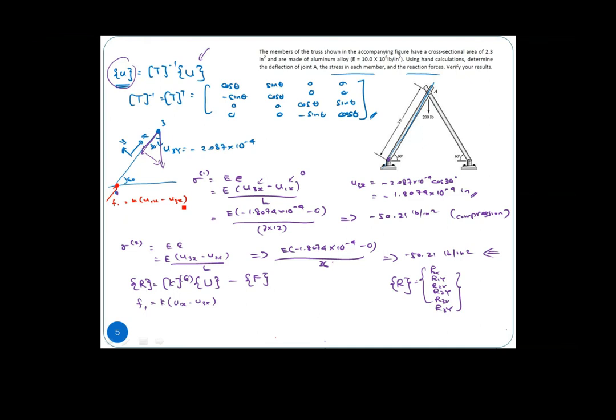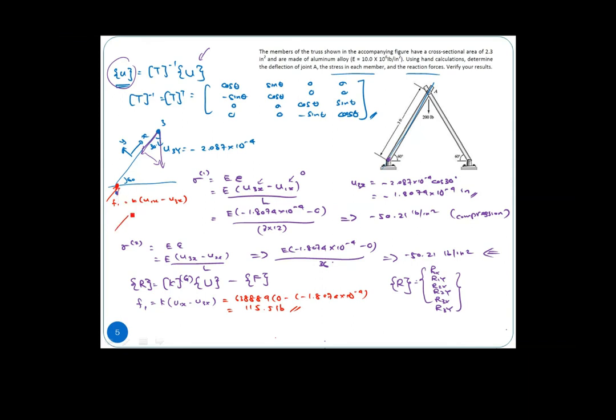So if we have our F1, then it will be equal to 6388890 minus negative 1.8074 times 10 power negative 4. So it gives us 115.5 pounds in this case. So this is the force in the local coordinate direction.